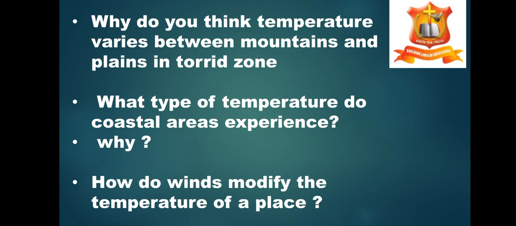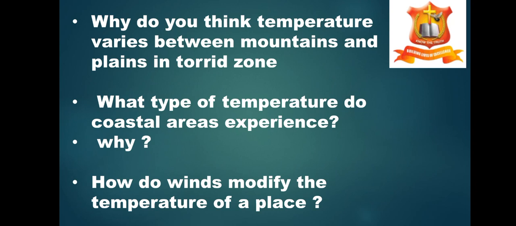It means the temperature of the places near the coastal region is neither too high nor too low. And the places far away from the sea have an extreme temperature. Extreme temperature means when it is summer, the region experiences very hot weather, and when it is cold, the region experiences very, very cold weather. Got it?